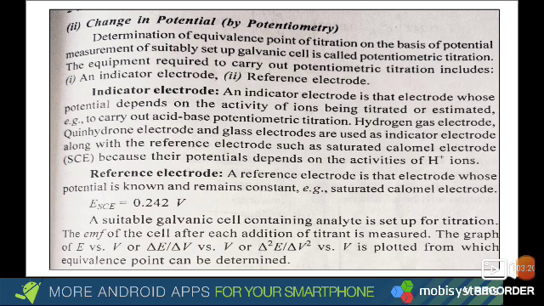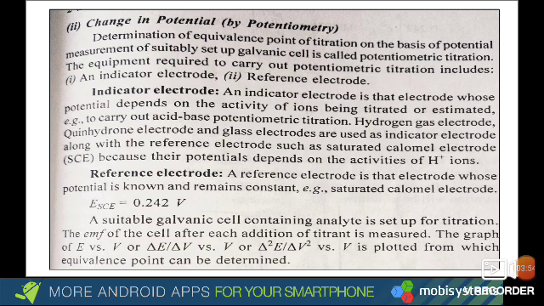Determination of the equivalence point of a titration on the basis of potential measurement of a suitably set up galvanic cell is called potentiometric titration. So here you have to set up a potentiometer, and this equipment can be used to determine the change. The equipment required to carry out potentiometric titration is an indicator electrode and a reference electrode.